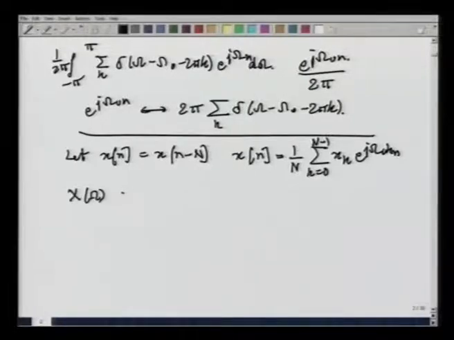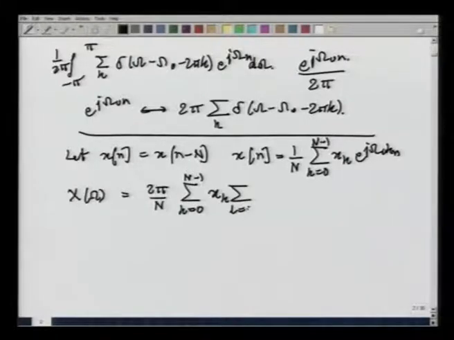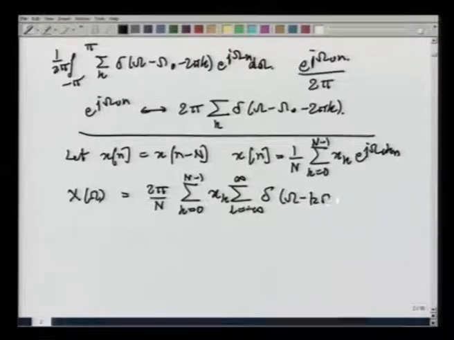X of omega equals 2 pi by N, which is a common factor that lies outside, summation k equals 0 to N minus 1 X[k] summation L equal to minus infinity to infinity delta of omega minus, remember that this kth component will occur at frequency k omega naught, where omega naught is the fundamental frequency, minus 2 pi L, which takes care of the repetition with period 2 pi.